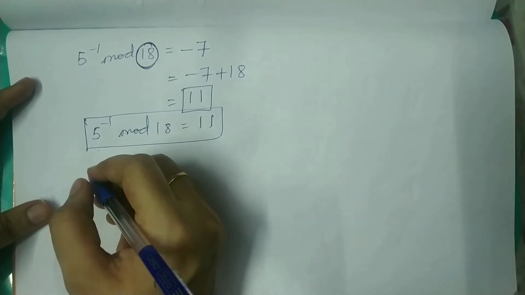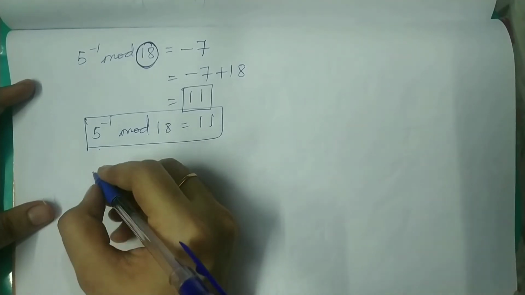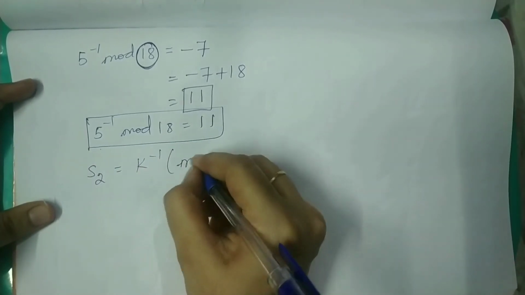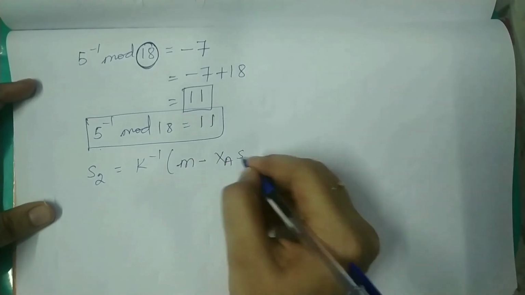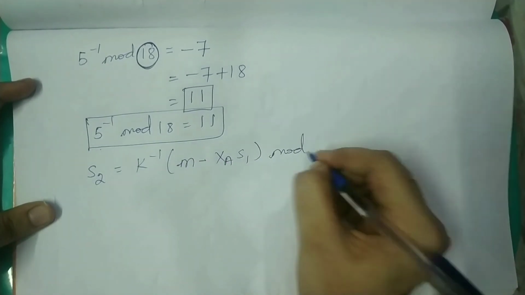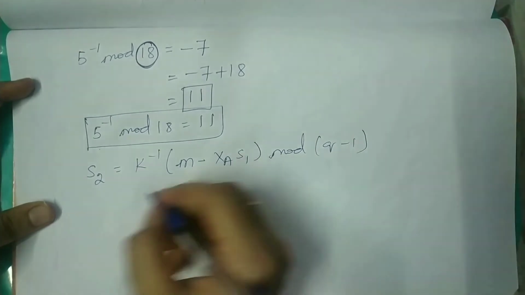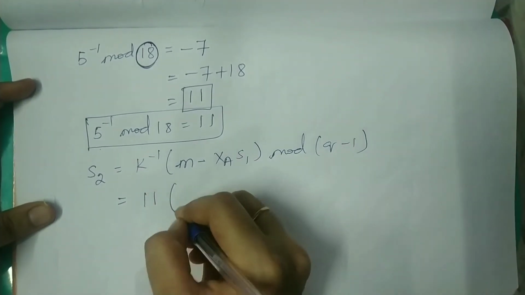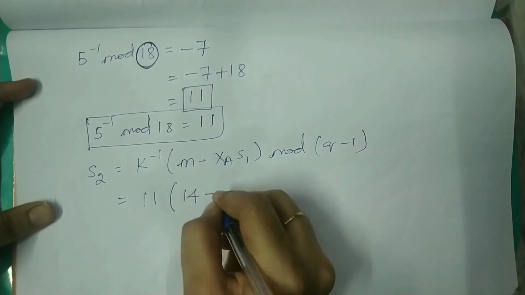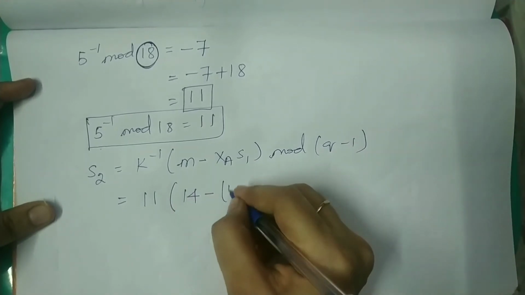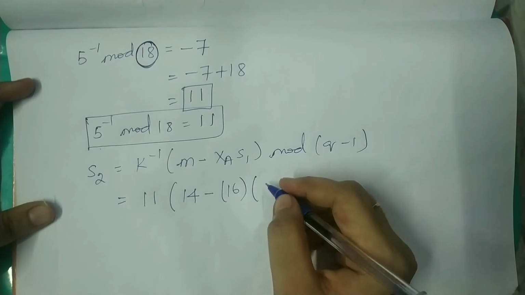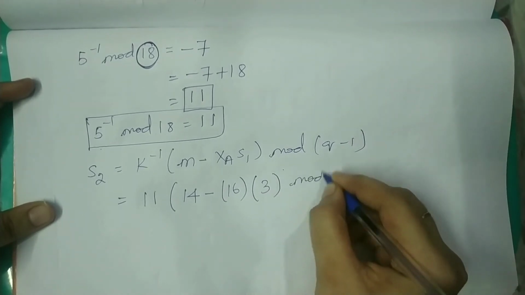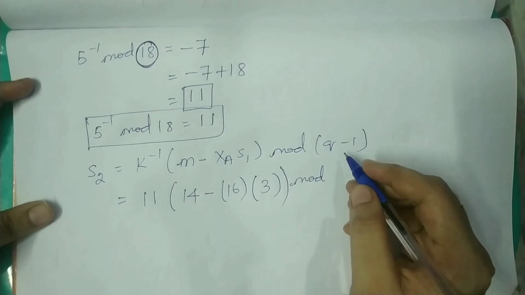The next step is we need to find the S2's value, which is K inverse into M minus XA S1 mod Q minus 1. So your K inverse value is 11, into M's value is 14, minus XA's value is 16, S1's value is 3, mod Q's value is 19.